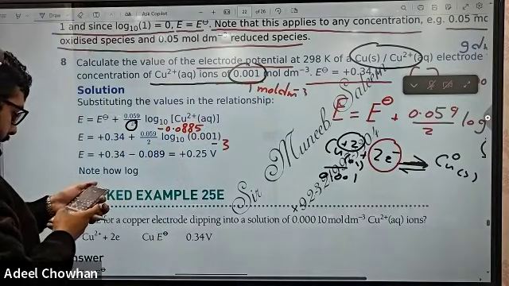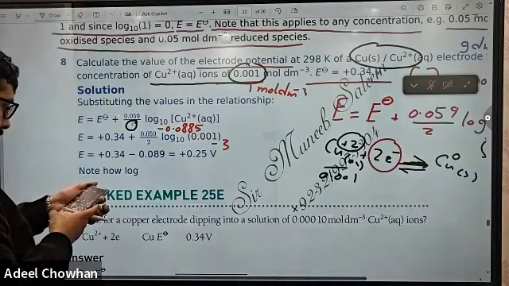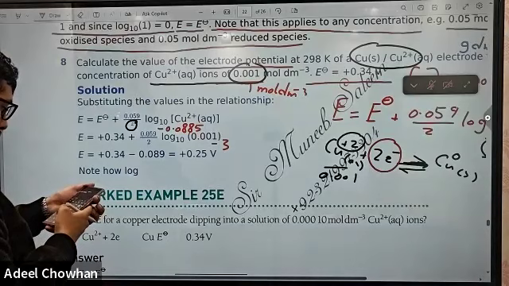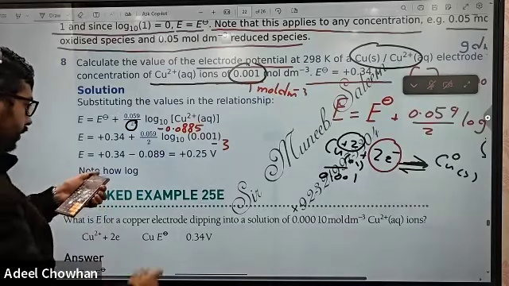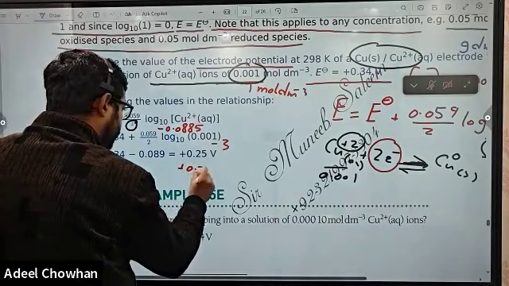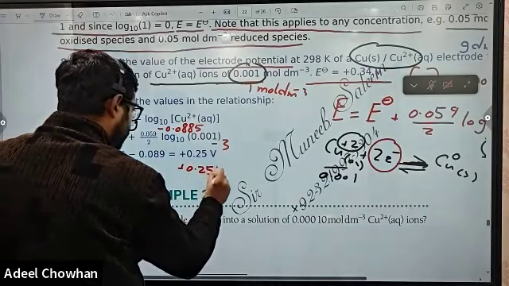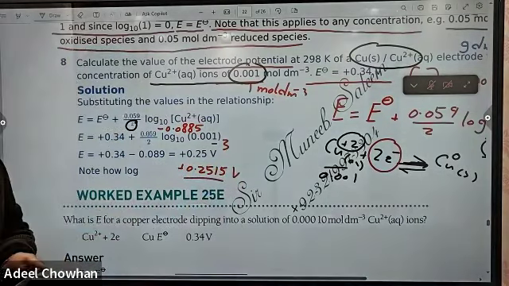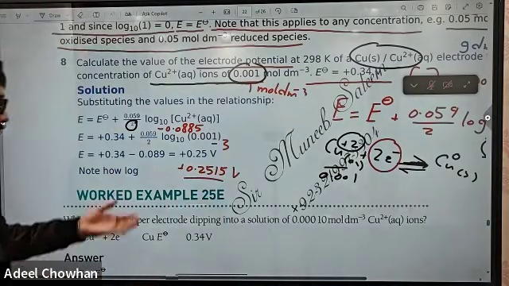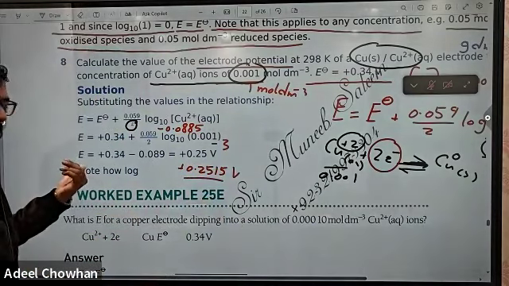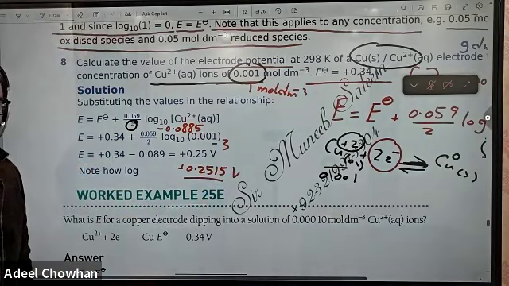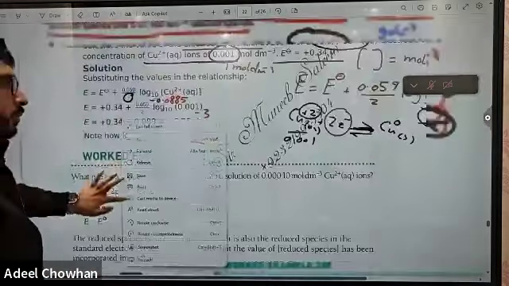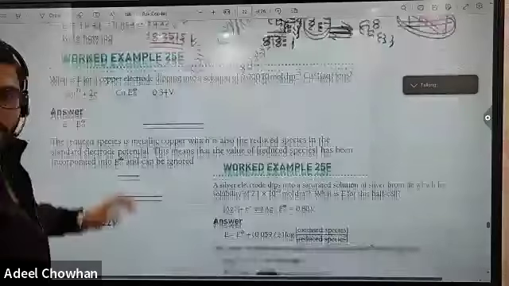So 0.34 minus 0.0885 is +0.2515 volt. That's the answer from the calculator. So that's how we find the electrode potential value under non-standard conditions. I hope it's clear to both of you. Is it clear?